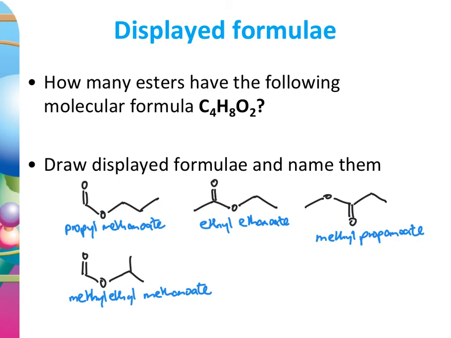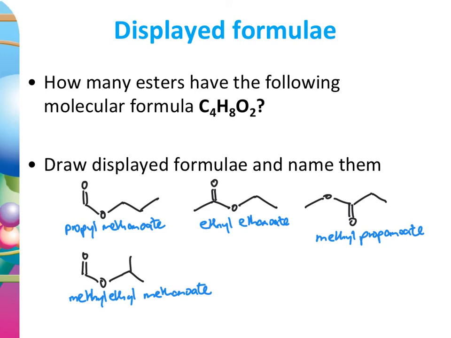So I got 4. Actually, the thing I'd hoped this was going to allow me to highlight isn't really here. But just be aware that if you're having to draw an isomer of an ester and you're presented with something quite simple and you think, well, I really don't see how that could be any different, the thing to remember to do is to reverse the COOH.